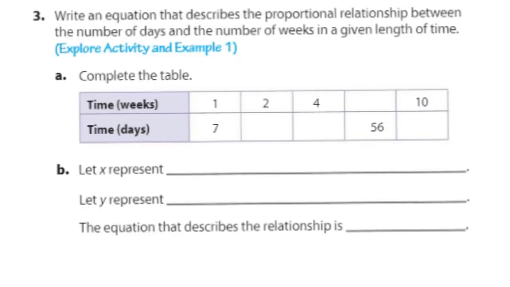Okay, good. Okay, so read 3. You want to complete your table, fill in your let x represent, let y represent, and then write your equation. Give it a shot. Remember, you make a mistake, that's a good thing because it shows me you're trying.